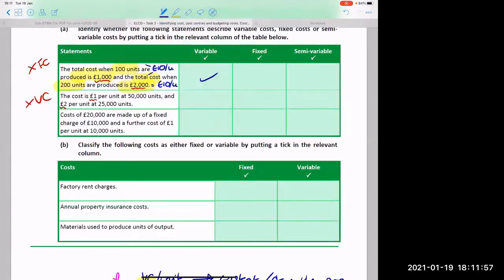So what I would do here is work out the total cost. £1 per unit at 50,000 units, one multiplied by the other gives us £50,000 in total, doesn't it, guys? Whereas when it's at £2 per unit for 25,000 units, one multiplied by the other, total cost is still 50,000. So because my total cost is staying the same regardless of production, we know it's a fixed cost.